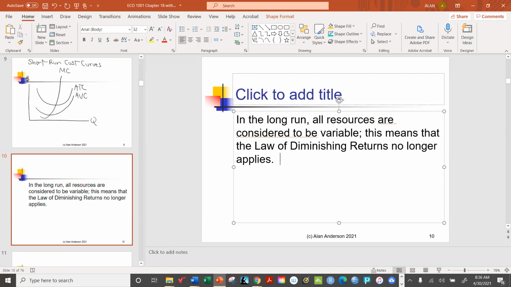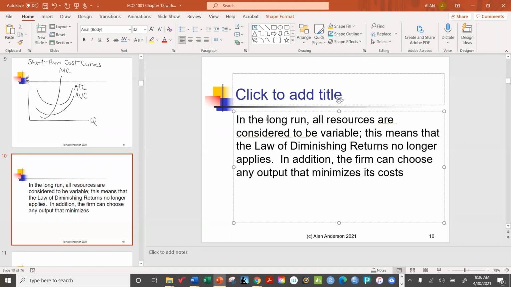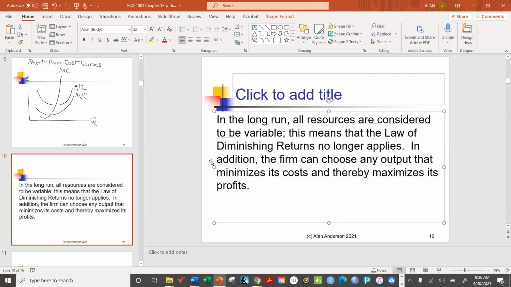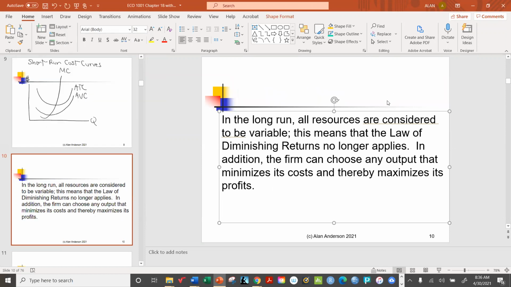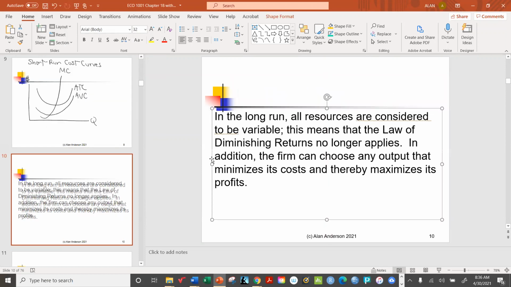That's a huge deal. In addition, the firm can choose any output that minimizes its costs and thereby maximizes its profits. In other words, in the long run, we can change whatever we want to maximize our profits and minimize our costs. And that's exactly what we're going to do.